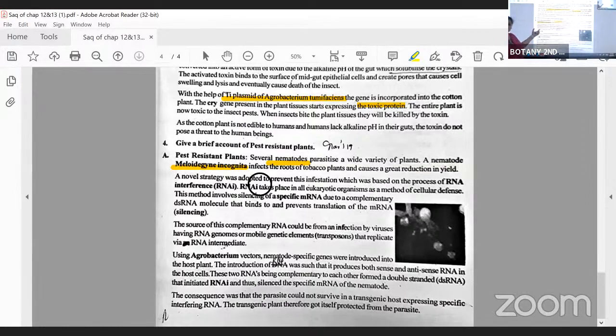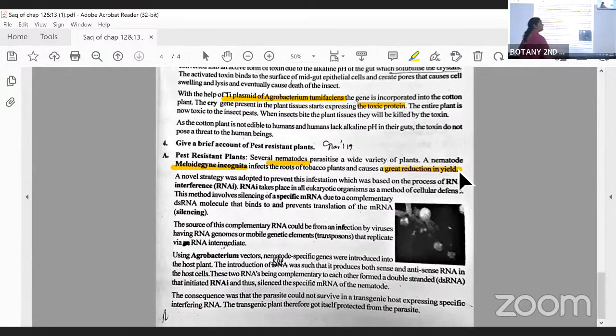So I am saying how to remember the spelling also, because here we are going with the supply exams, and we cannot take any chance right now. So I'm saying the spelling also. Meloidogyne incognita is a nematode which gives the infection to the tobacco plant and leads to a great reduction in yield.